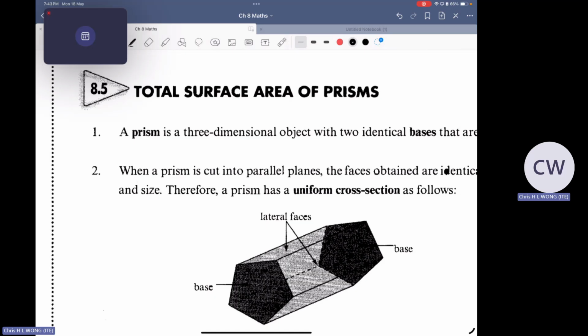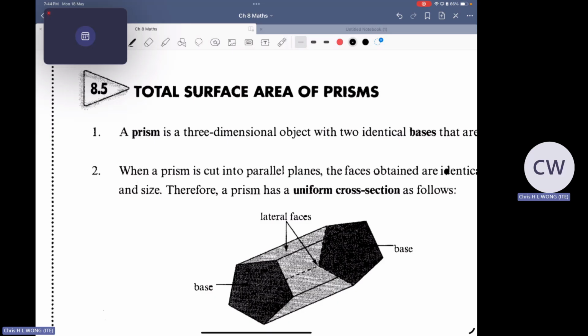Area of a parallelogram, area of a triangle, area of the paper, flat surface, two-dimensional. Now prism is three-dimensional. Three-dimensional means that there must be a depth. There must be a figure, an object.